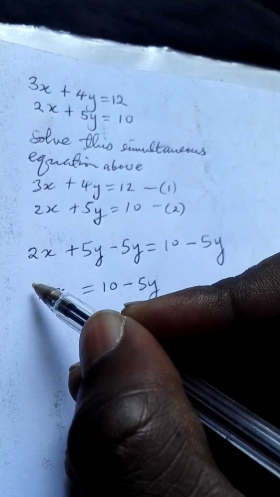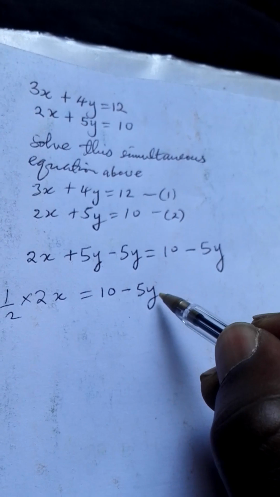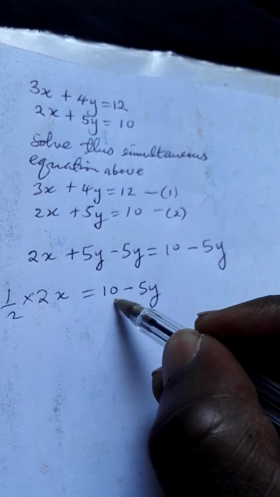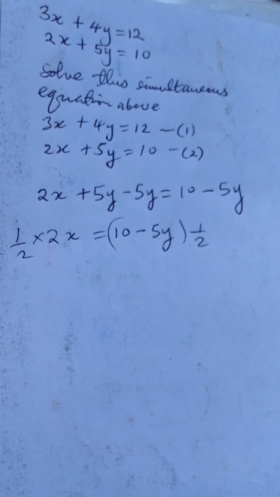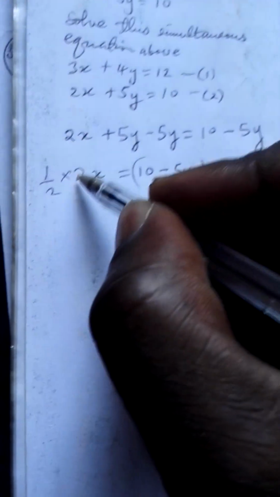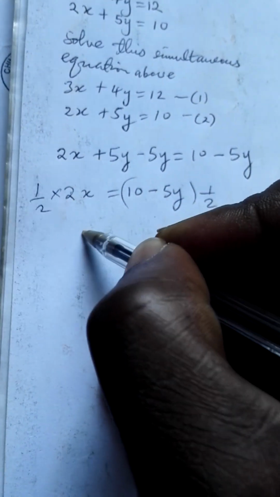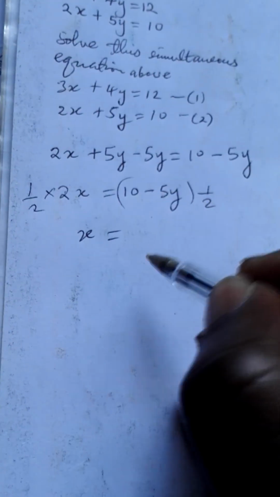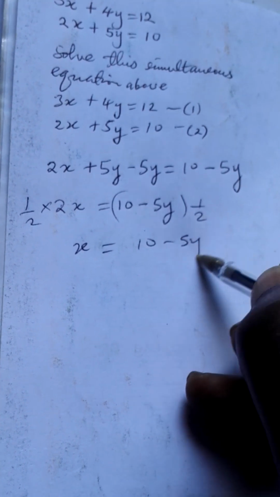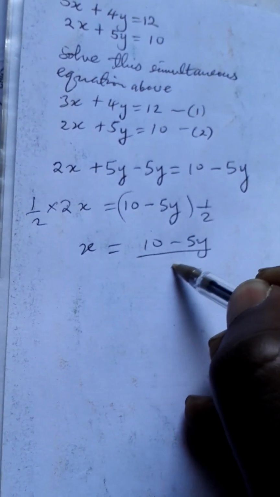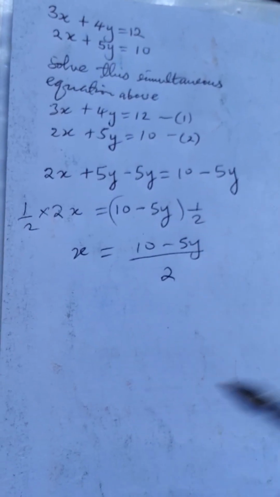If that is the case, then we multiply here by a half, and here by a half as well. Now, this half multiplied by 4x will give us x, and here this is going to be 10 minus 5y divided by 4. So x equals 10 minus 5y divided by 4.